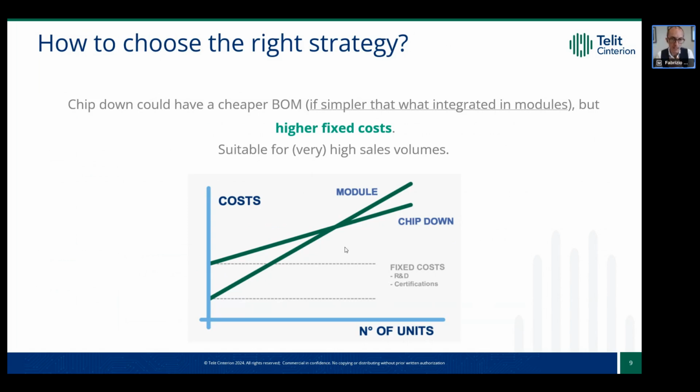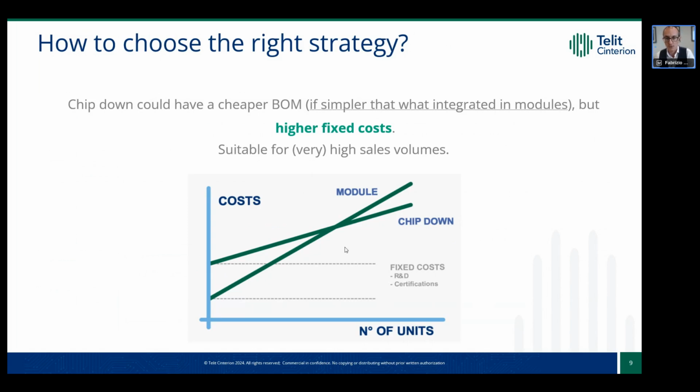So at the end, you will have a break-even point above which it will be more convenient to have a chip-down approach. So this is an element you have to consider. But please note that in order to calculate this break-even point, you have to rely on your sales forecast.